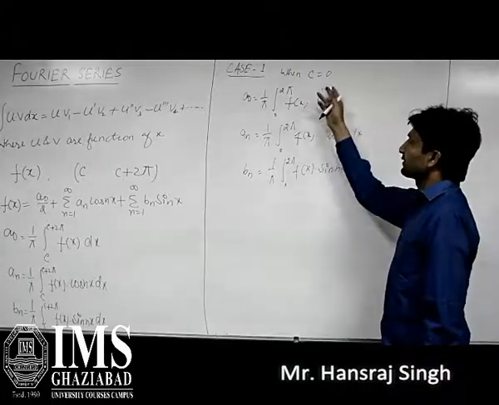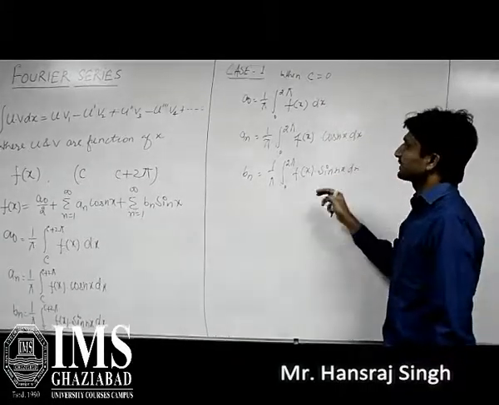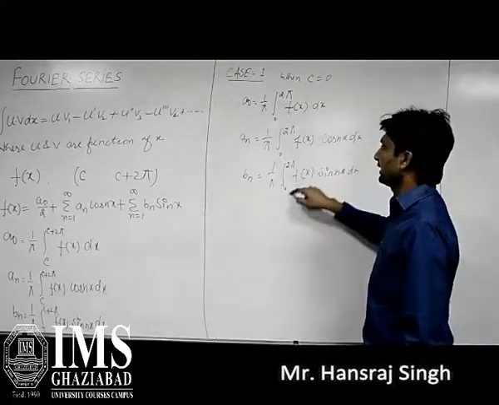This is the first case when c equals 0, and all the limits are converted into 0 to 2 pi.